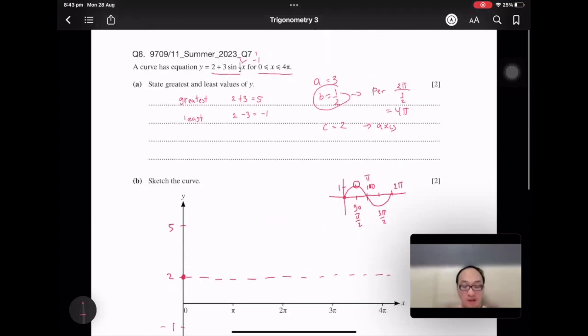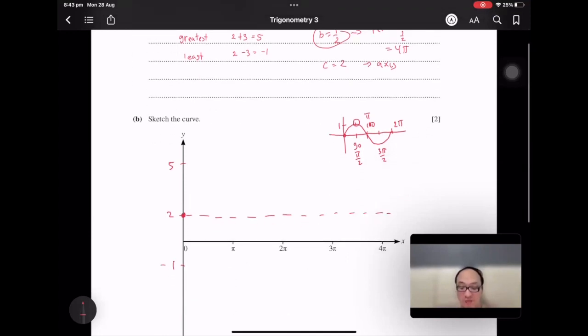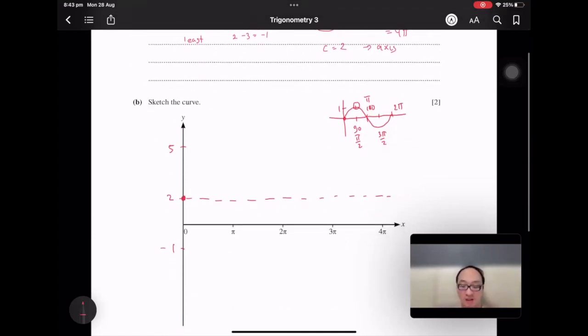Because B here is half, we have to divide by half. So 90 degrees divided by half is 180, so it will be maximized at pi. So it equals 5 at pi. Then at the principal axis at pi, divided by half, it becomes 2 pi.